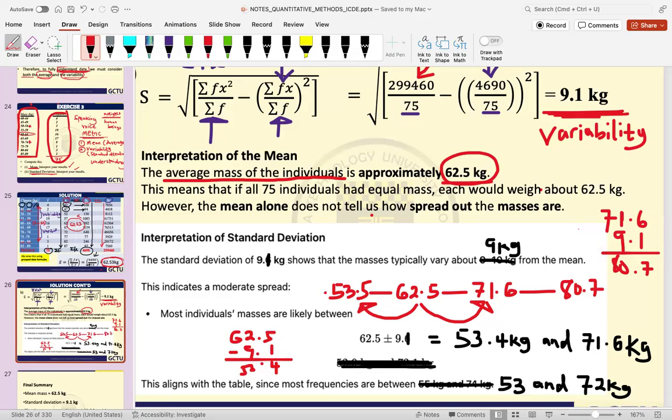If again you come back here and you subtract 9.1 from 53.5, 53.5 minus 9.1, if you do that, you get 44.1. Let's check whether we can see some persons who were having weight of 44 and some persons who were having weight of 80. We'll see it in the table.